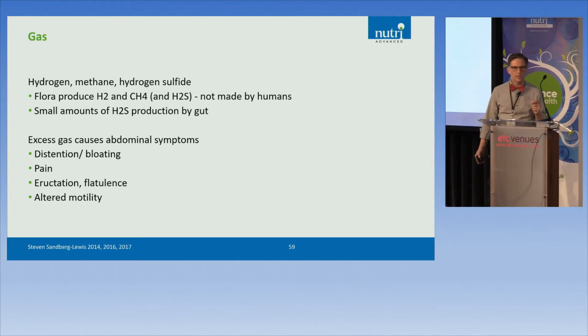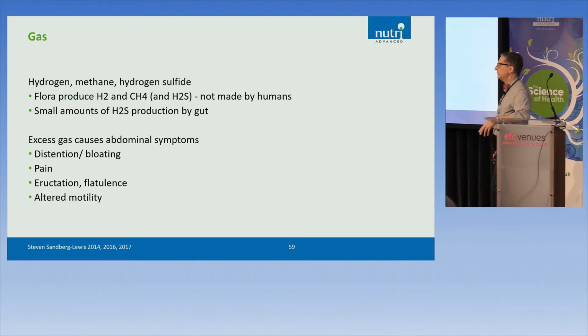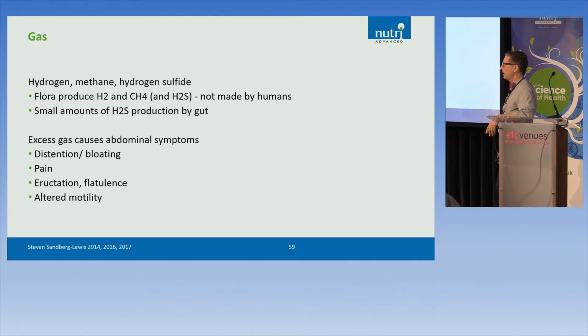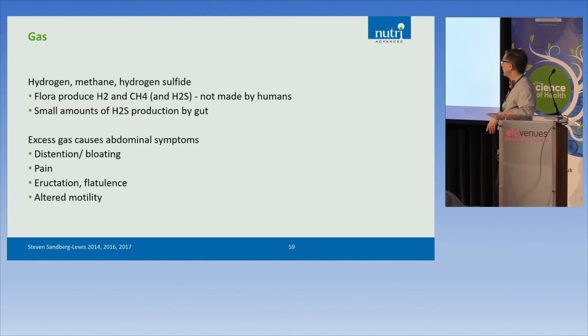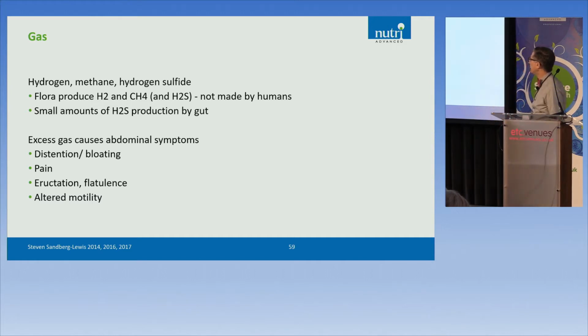Hydrogen, methane, and hydrogen sulfide are the three main gases that we know are produced by bacteria and archaea. So flora produce hydrogen and methane and some hydrogen sulfide.